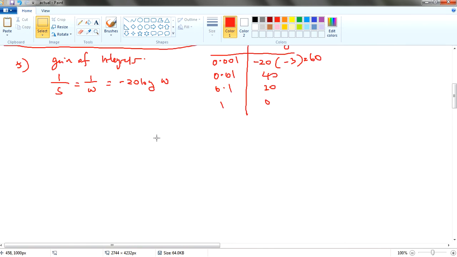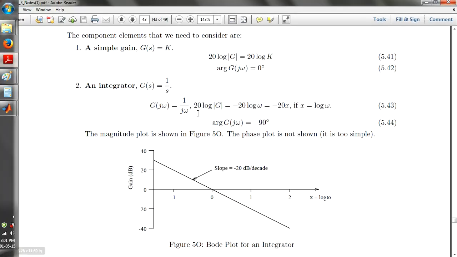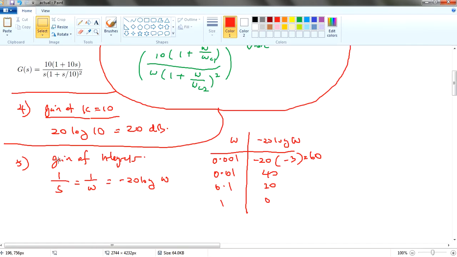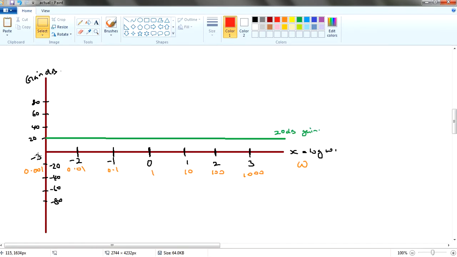The rule is that for the integrator part, minus 20 log omega can be written as minus 20x. So minus 20x is minus 20 times minus 3, so it's 60. In this case, your graph is going to have a gradient of minus 20.